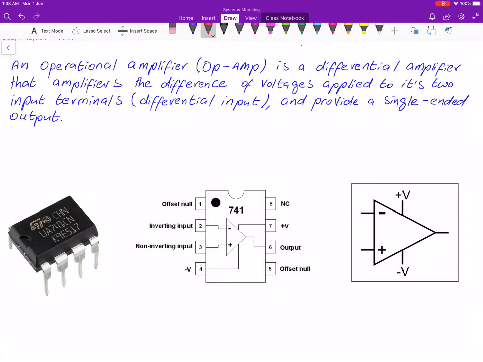Because once we have the transfer function of a system, we will be able to design a controller when we do our control design. Now, what exactly is an operational amplifier?